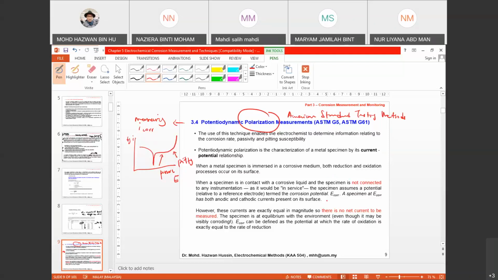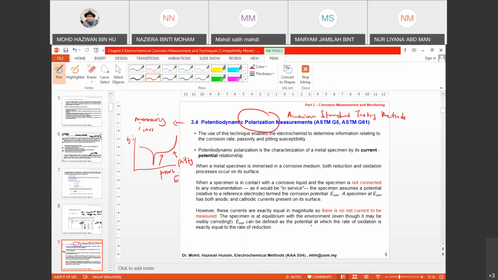The specimen at E_corr has both anodic and cathodic current present on the surface. However, the currents are exactly equal in magnitude, so there is no net current to be measured. The specimen is at equilibrium with the environment, even though it may be visibly corroding.